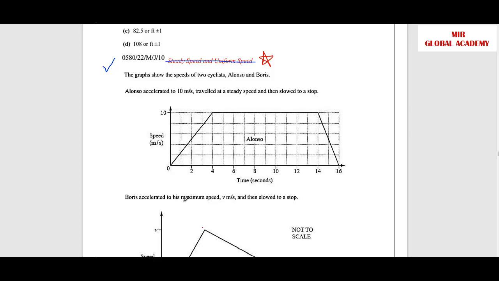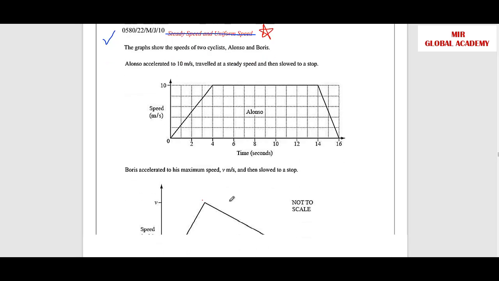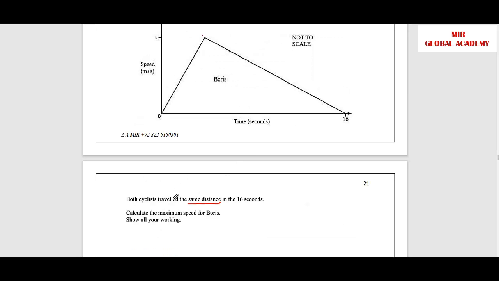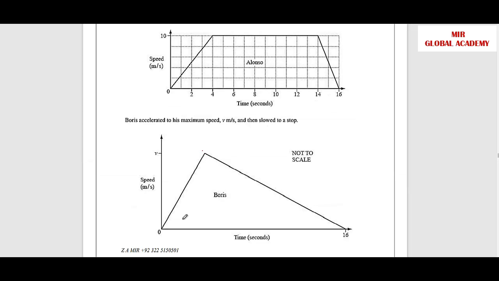Boris accelerated to his maximum speed v meter per second and then slowed to a stop. Both cyclists traveled the same distance in 16 seconds. Calculate the maximum speed for Boris. Show all your working. You can see here we don't know the maximum speed of Boris.